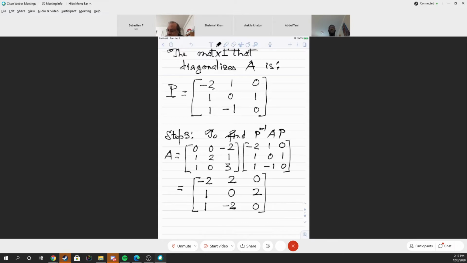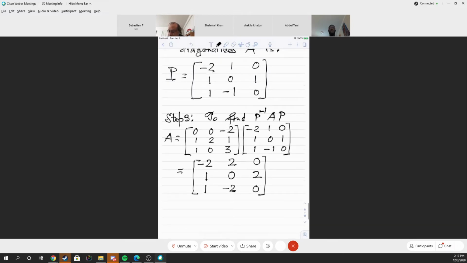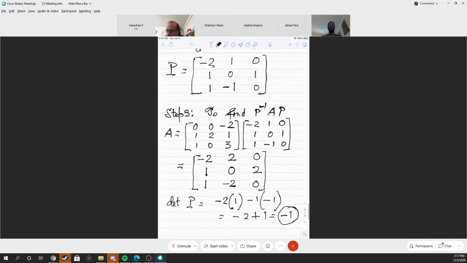Okay, now find P inverse. Determinant of P, good news.